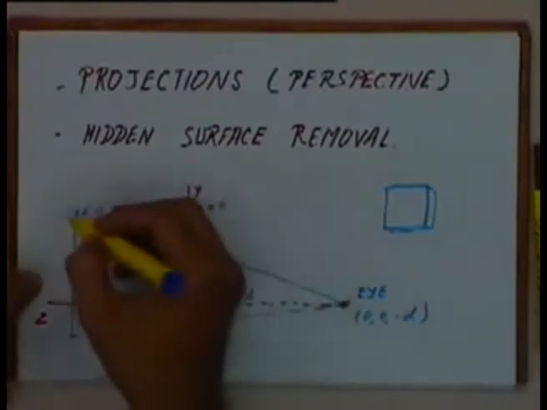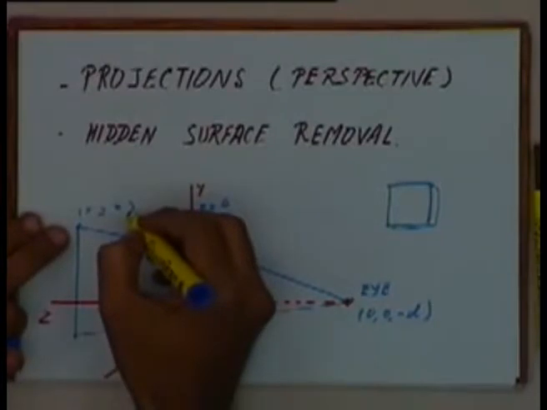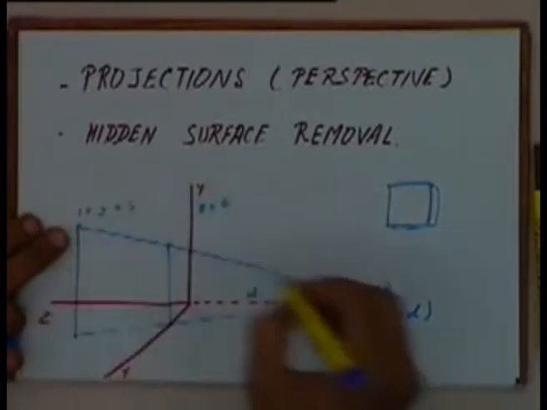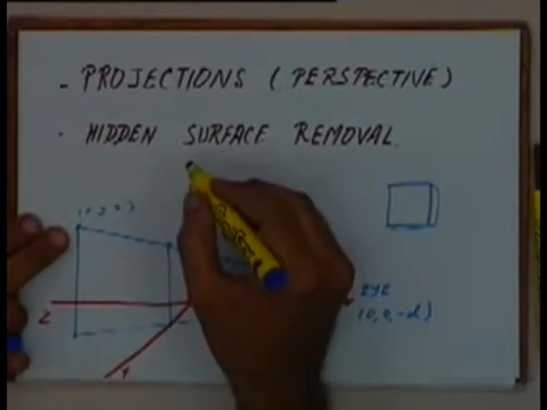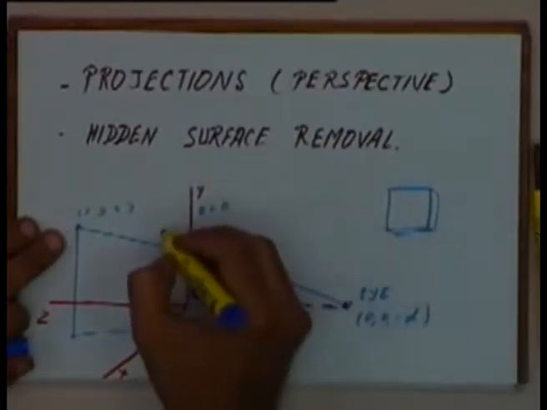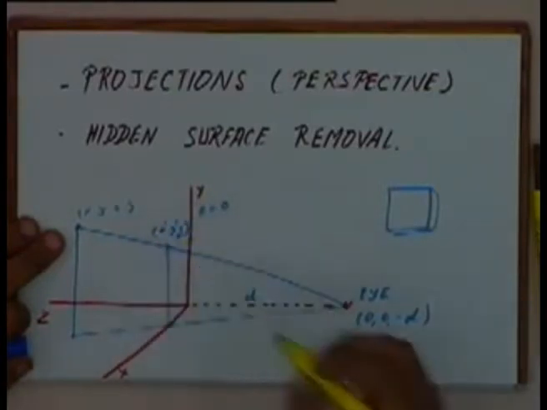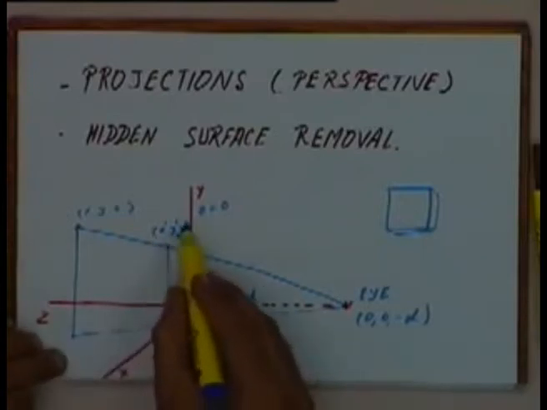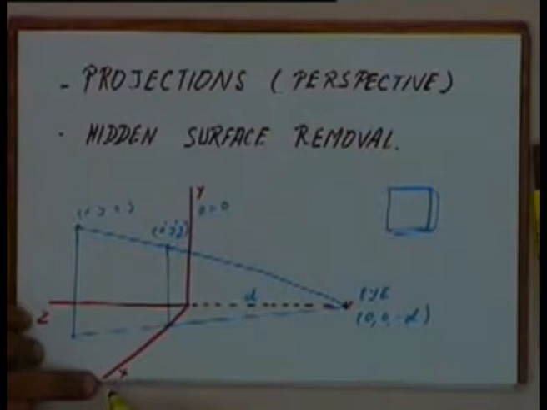The projecting plane is the xy plane, and we want to project any arbitrary point x, y, z onto this projecting plane. So this arbitrary point x, y, z will get transformed to a point x prime, y prime, z prime, which will be on the xy plane.